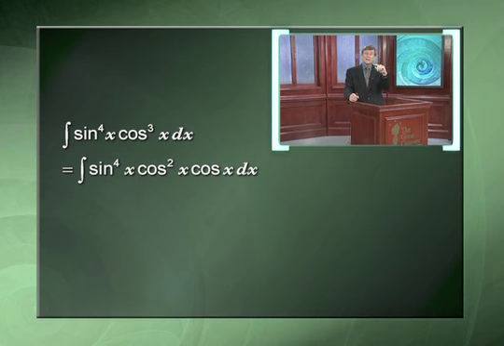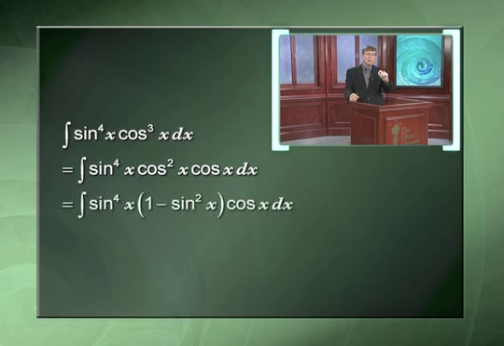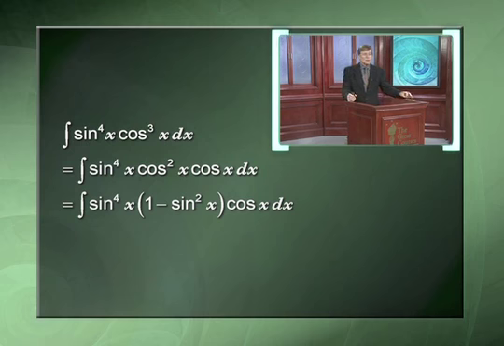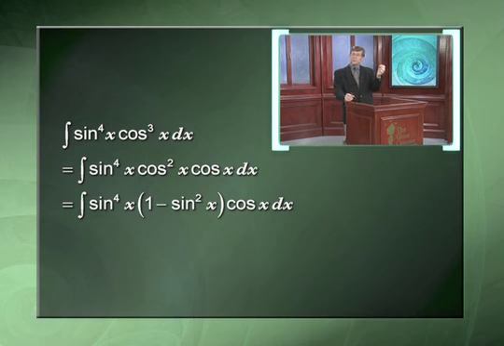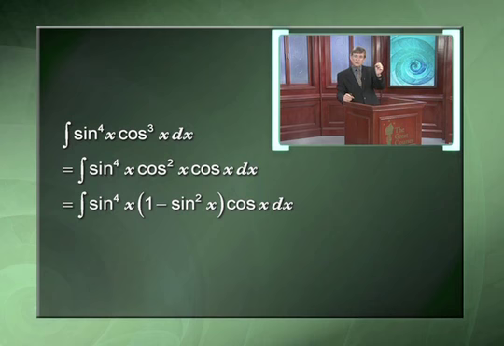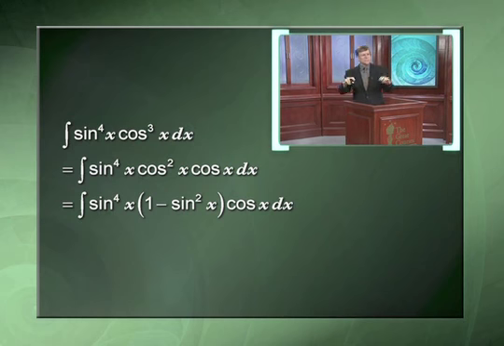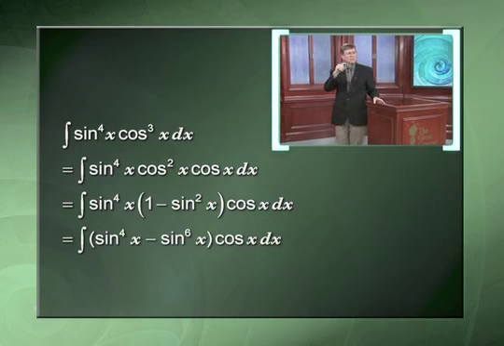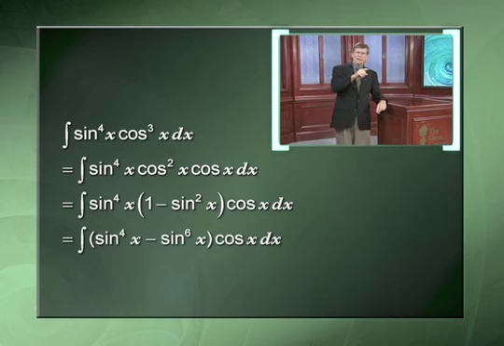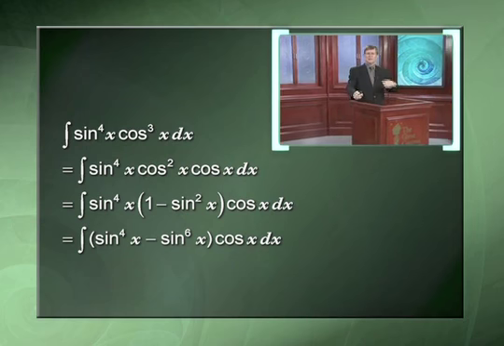And turn that into 1 minus sine squared by your fundamental trigonometric identity. So our problem becomes sine to the 4th x, cosine squared x, cosine x. I now convert cosine squared to 1 minus sine squared x, and then multiply that out. And you have the integral of sine to the 4th x minus sine to the 6th x, all multiplied by cosine.